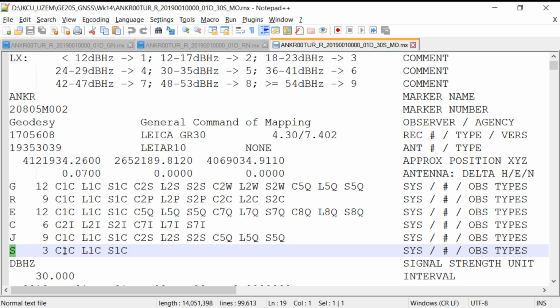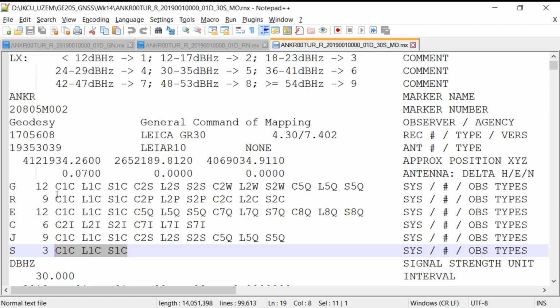The Ankara station can also collect data from, for example, the Astra satellite. This is a telecommunication satellite. It has an altitude of 36,000 kilometers, and they also send some signals. So a limited number, as you see, it is not so detailed as the other systems.